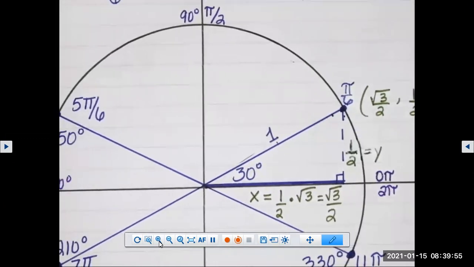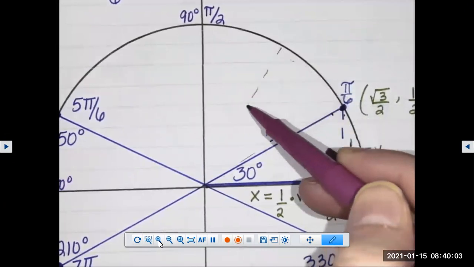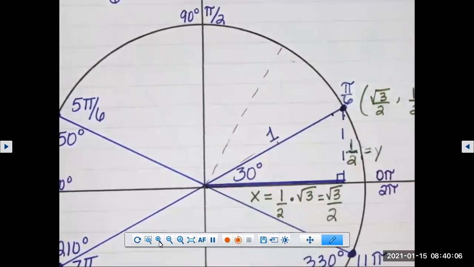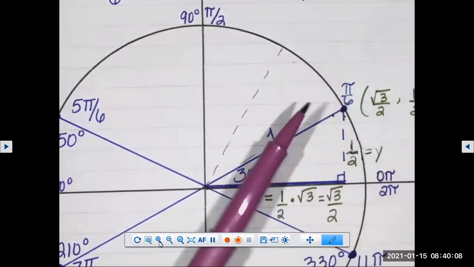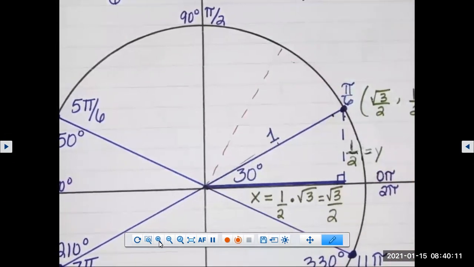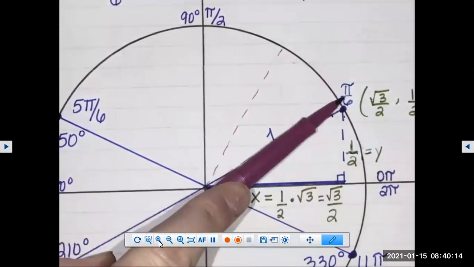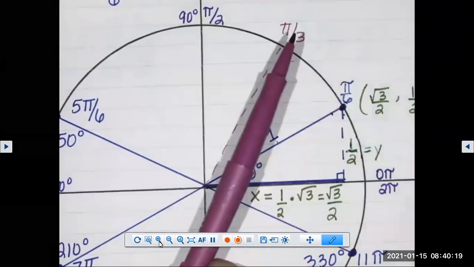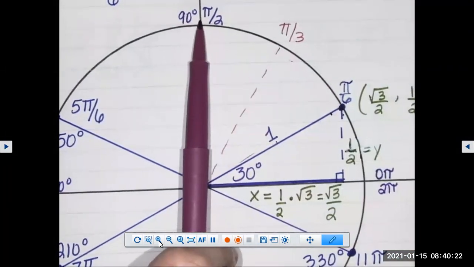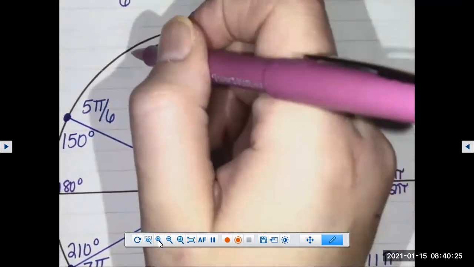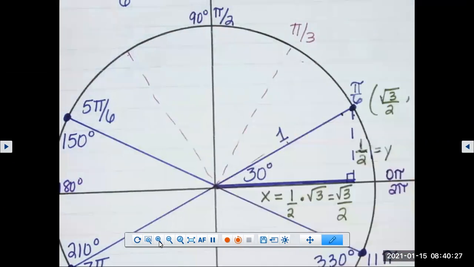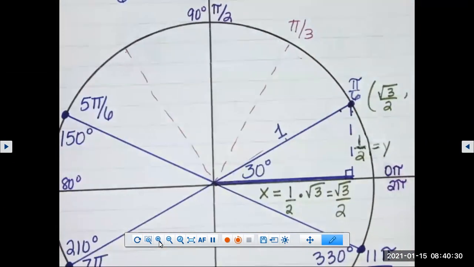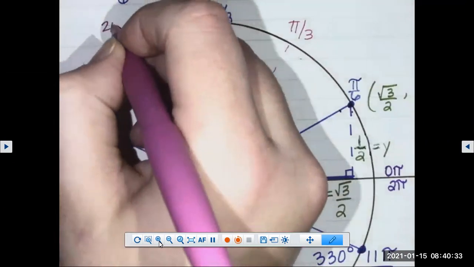Now, in a unit circle, if you start out with that very basic 30-degree angle, you can, of course, just keep rotating 30 more degrees. So that would be your 60-degree angle. The radian measure throws people off, so the way you can do it is: 1 pi over 6, 2 pi over 6 or pi over 3, 3 pi over 6 which is pi over 2, and then you go 30 more degrees, 4 pi over 6 or 2 pi over 3.